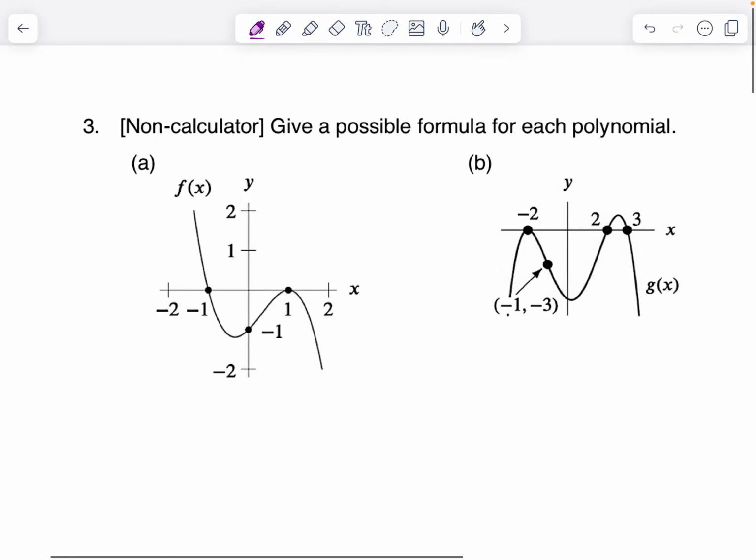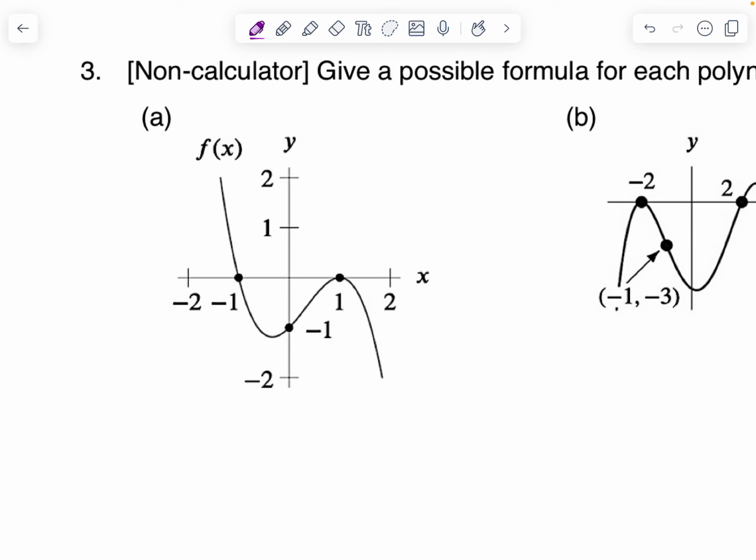Let's take a look at graph A here. On the x-axis, we have 2 points at -1 and 1. At the first one, we can see that the graph goes through the x-axis, while at the other, the graph doesn't go through the x-axis. Instead, it bounces off the x-axis.